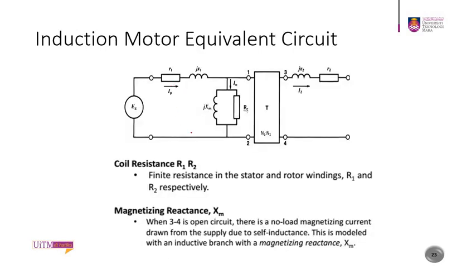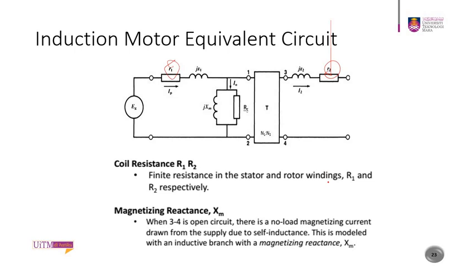So you have this segment with terminals 1, 2, 3, and 4. R1 and R2 are the coil resistances, a finite resistance in the stator and rotor windings.